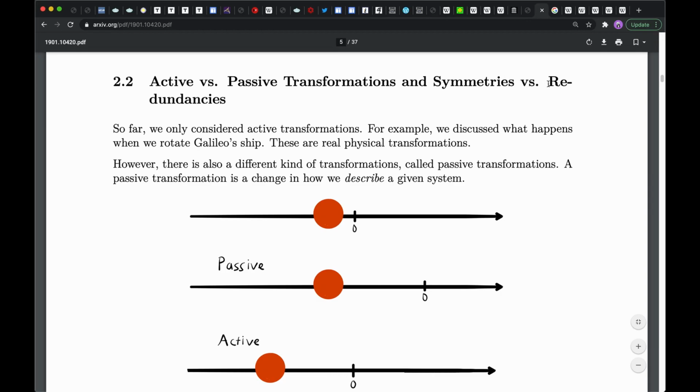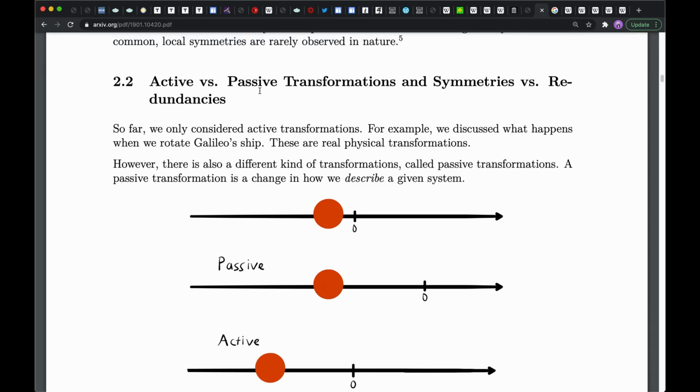The ones called redundancies are more connected with passive transformations, and basically they are just renaming our coordinates or entities inside the system. They don't change anything in essence.